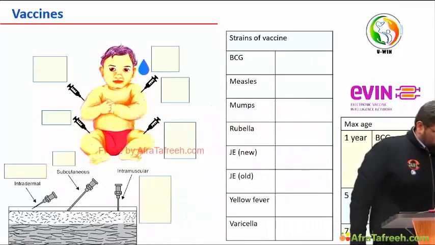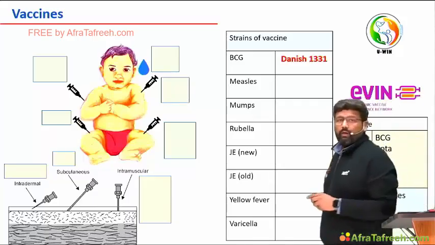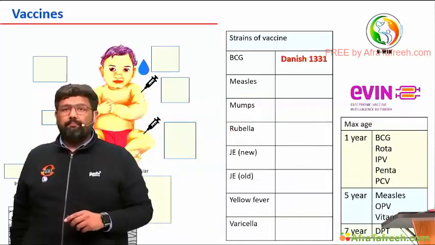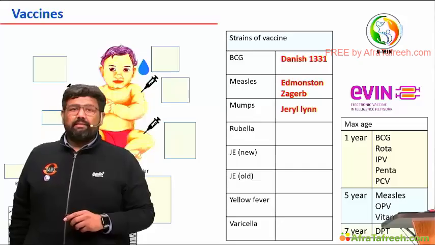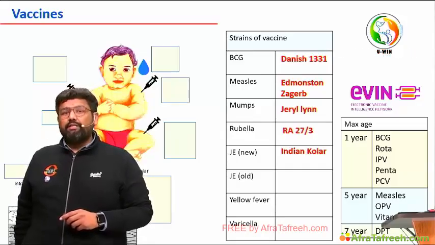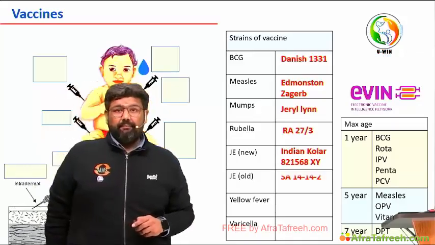Now coming to strains. BCG, the strain Danish 1331; measles, Edmonston Zagreb; mumps, Jeryl Lynn; rubella, RA27/3; JE, Indian Kolar strain 821568XY.